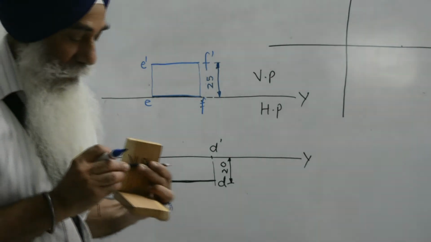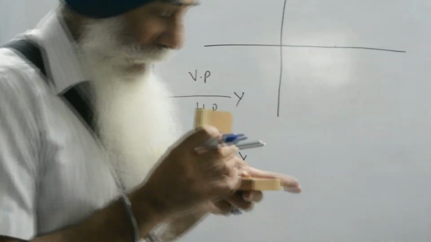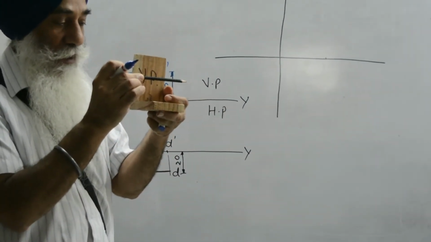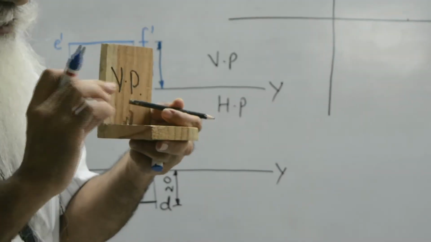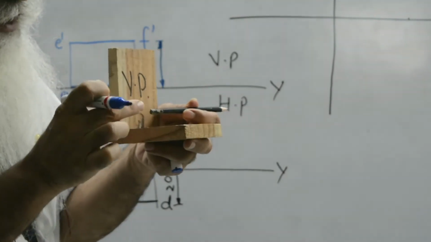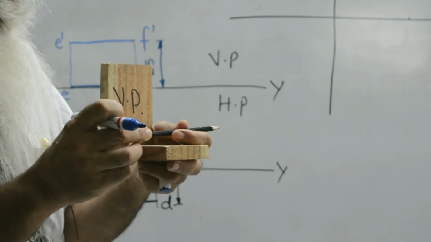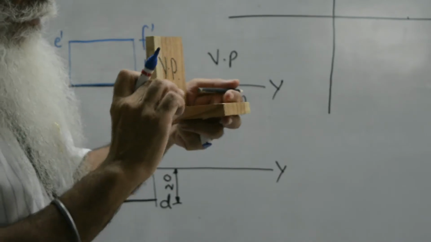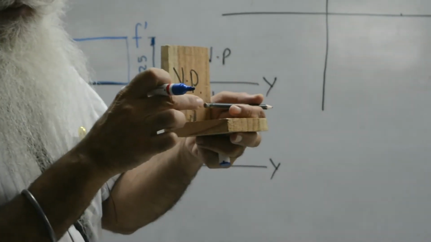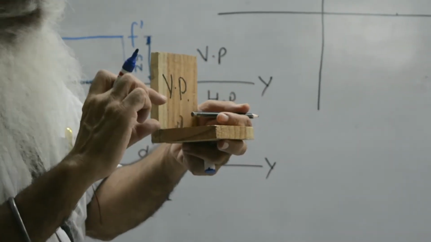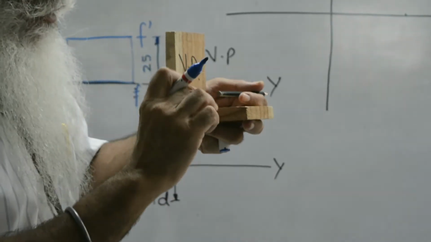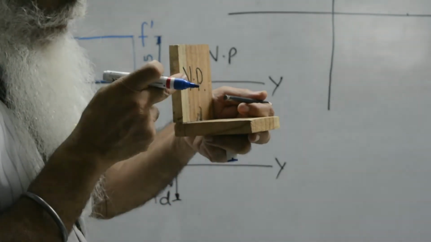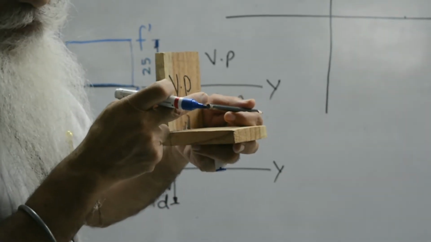In the fourth case, the line is lying over here. It means it is some distance above the horizontal plane and some distance in front of the vertical plane. For this case, the line is parallel to both planes, horizontal and vertical. Its distance above the horizontal plane is 10 millimeters and 40 millimeters in front of the vertical plane.